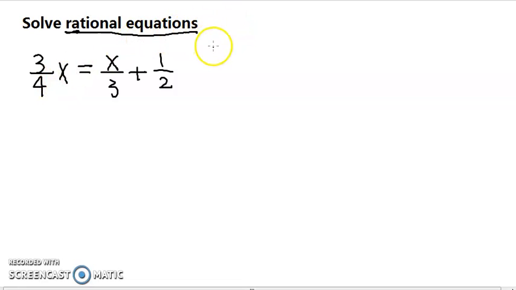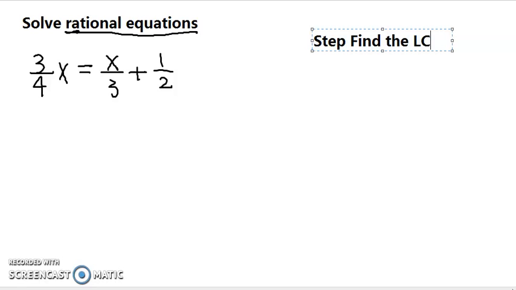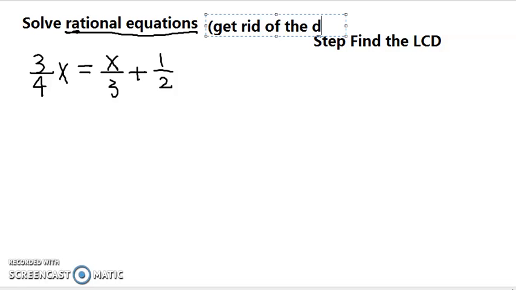So to solve this type of equation, we have two steps. Step 1, we need to find the LCD. The reason to do that is to get rid of all the fractions. So the main goal to solve a rational equation is to try to get rid of all the fractions in there, or the denominators.